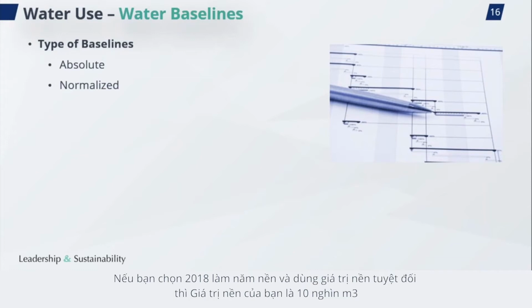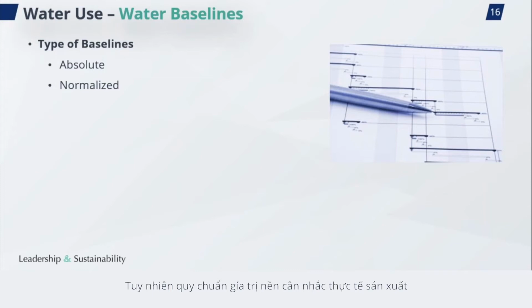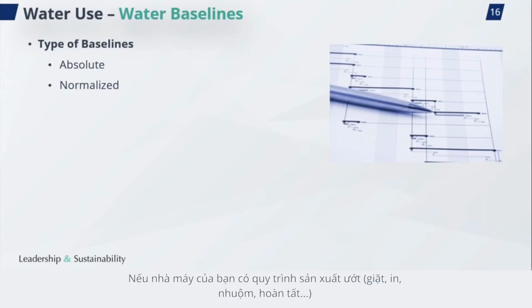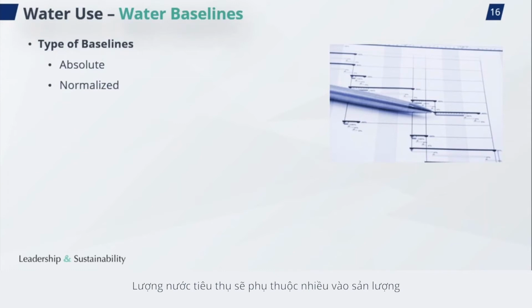But normalized baselines also consider the actual production that you have. Since you may have water in use in your processes, if you have wet processes, then you will consume water not only in the domestic region with toilets, etc., but you will probably use more water in your actual manufacturing. And then, of course, the water consumption will depend on how much you produce.